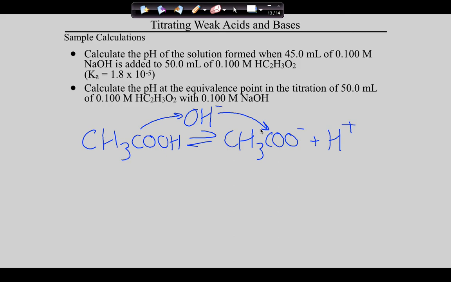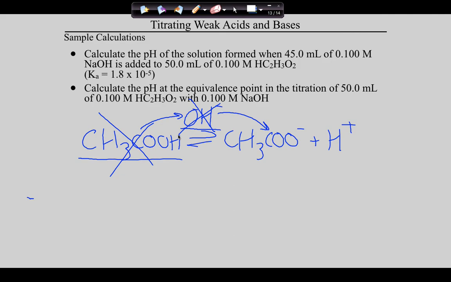We have added exactly the same number of moles of these as we started with of these. So all of this is gone. How much extra of this do we have? None, because we stopped titrating exactly when it turned pink.